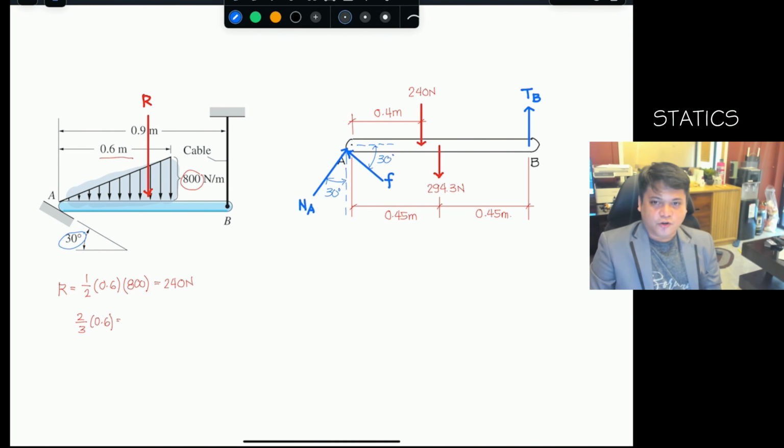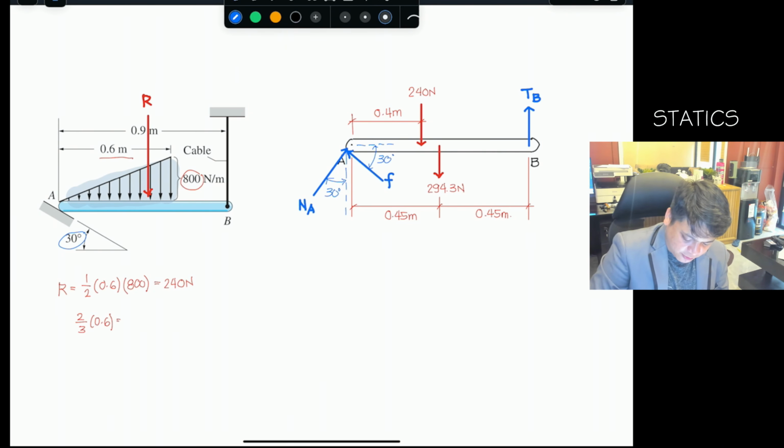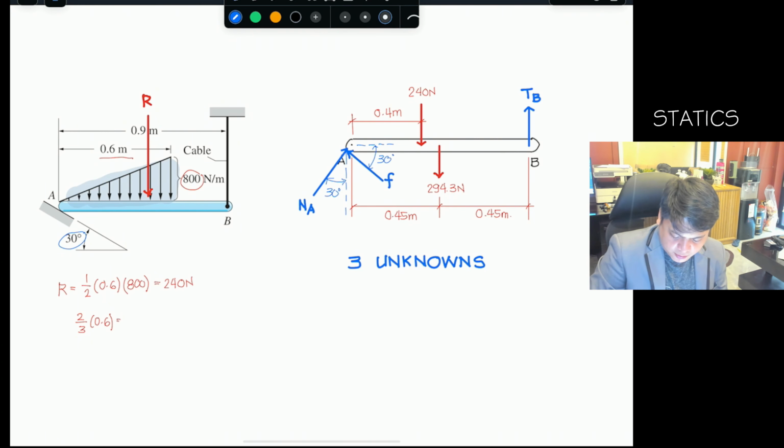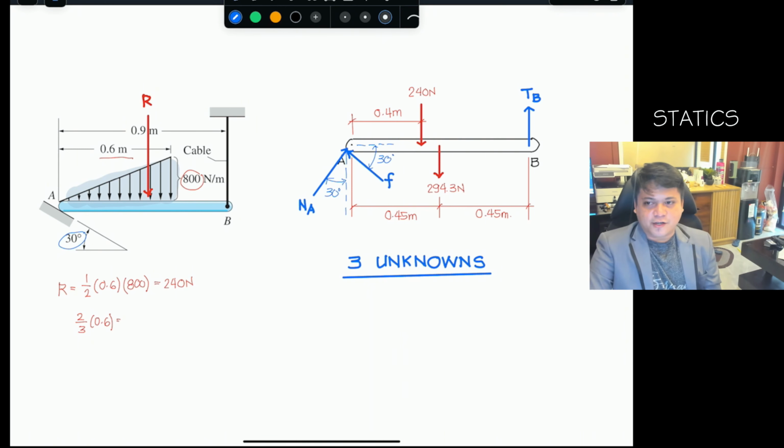Okay? So, you can have there your free body diagram, and the number of unknowns is N_A, F, and T_B. So, you can have here 3 unknowns. Okay? So, you have now your free body diagram for this problem.